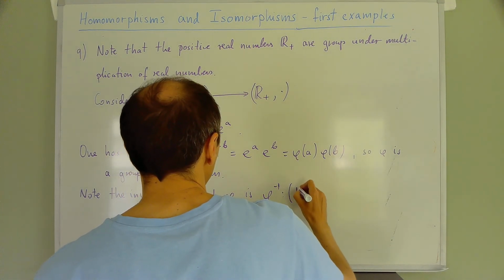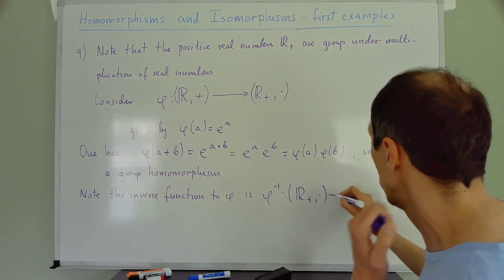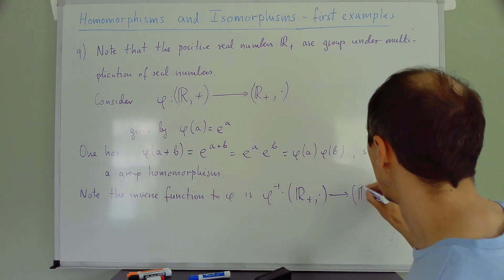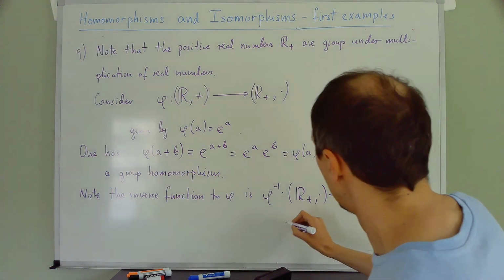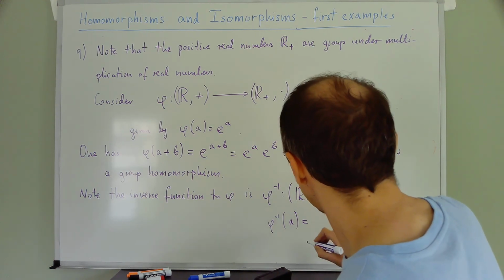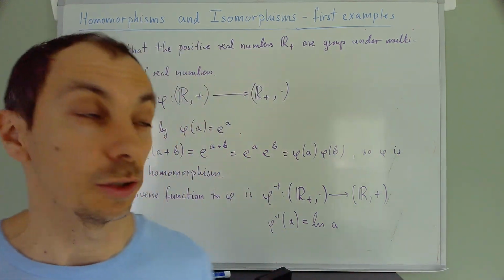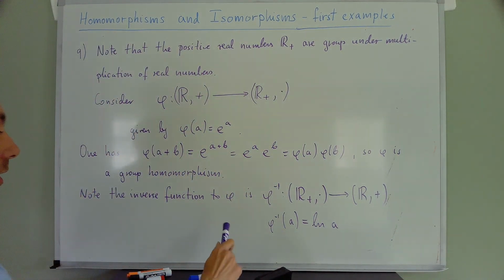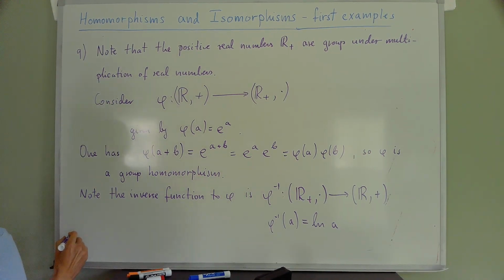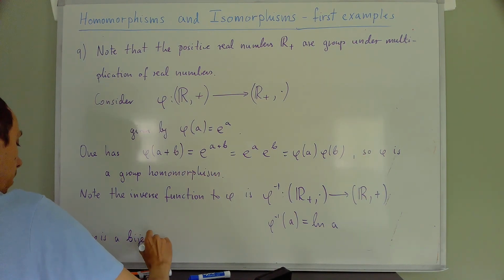That will go the other way, a function that turns multiplication into addition. The inverse of a is going to be the natural log of a. Surely natural log is the inverse of e to the a. So phi is a bijection, hence an isomorphism.